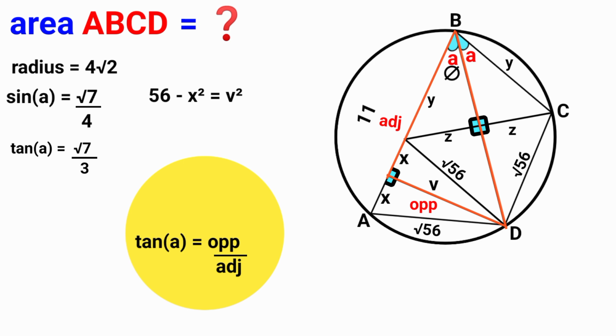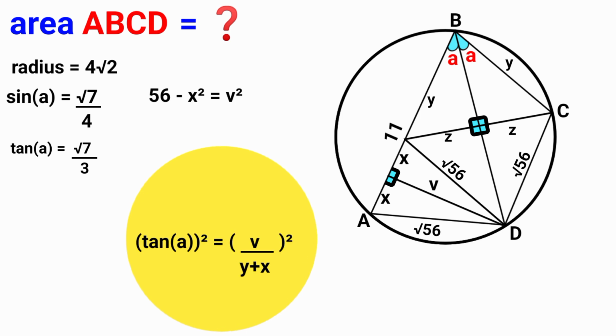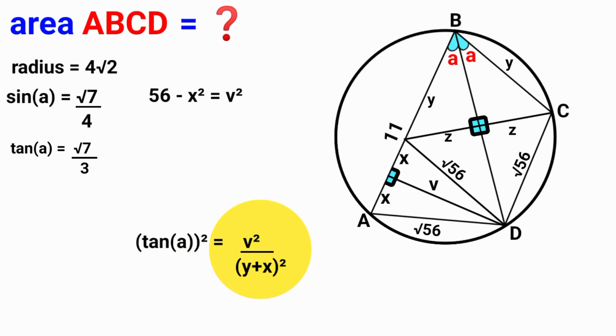Theta is A, opposite is v, and adjacent is the sum of this y and this x. So tan A equal to v over y plus x. Square both sides. Now tan A all squared equal to v over y plus x all squared. V over y plus x all squared is v squared over y plus x all squared.